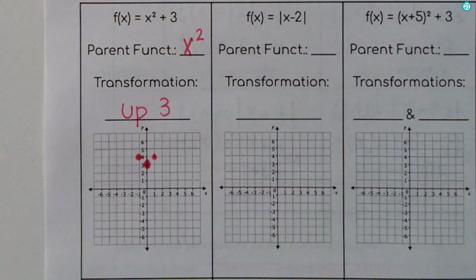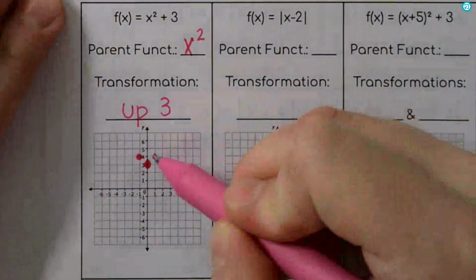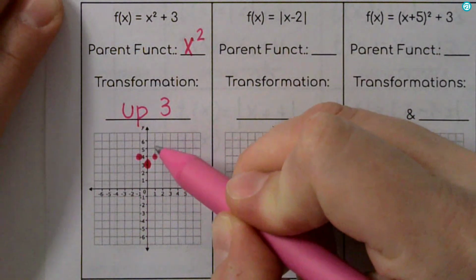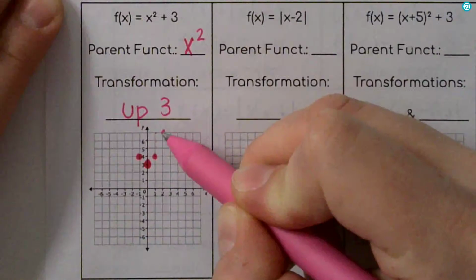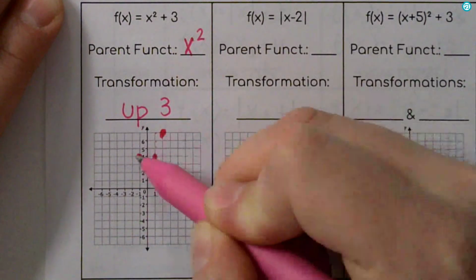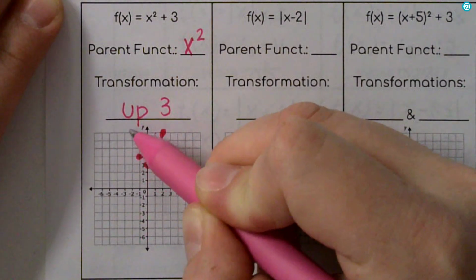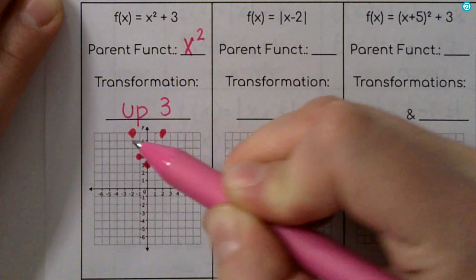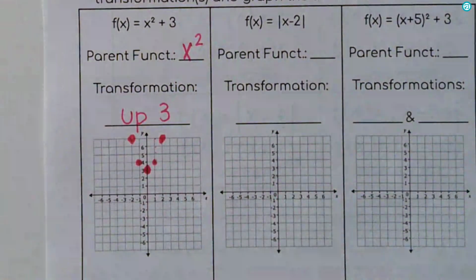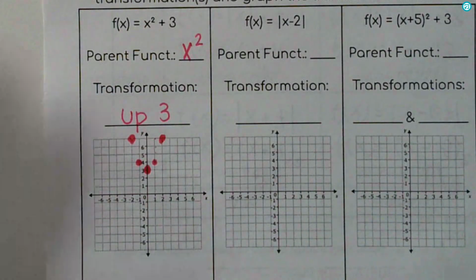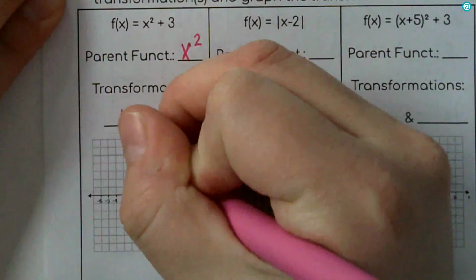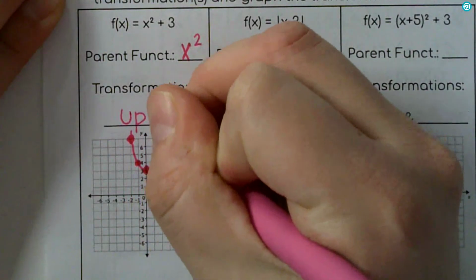And then to create the rest of your U, because remember 2 squared was 4, we're going to go up from this point another 1, 2, 3, and out 1. And up another 1, 2, 3, and out 1. And that will create your perfect little U. Once you get the points there, then you can connect them into the shape of your quadratic.